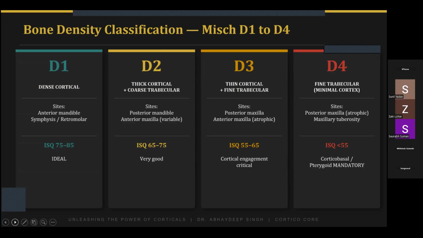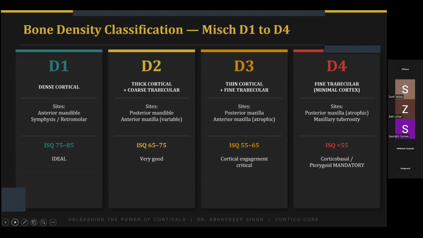The drills that you need to widen that osteotomy, that is very easy. Just the first drill is very difficult because there is thick cortical present. Beneath that thick cortical, there is alveolar bone, which is trabecular cancellous bone. And the pattern of that bone is such that you do not need to put much pressure. You do not need much torque to go through that bone.